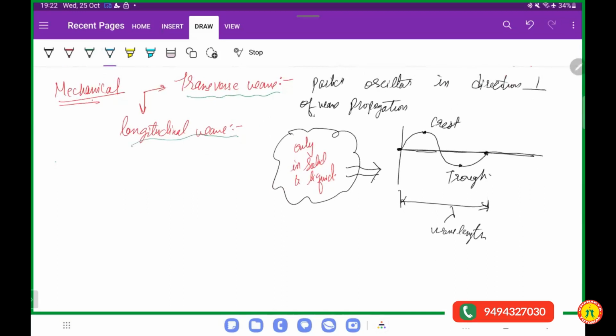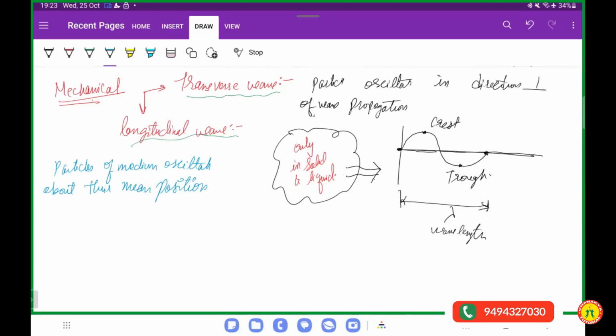So particles of the medium oscillate about their mean position.